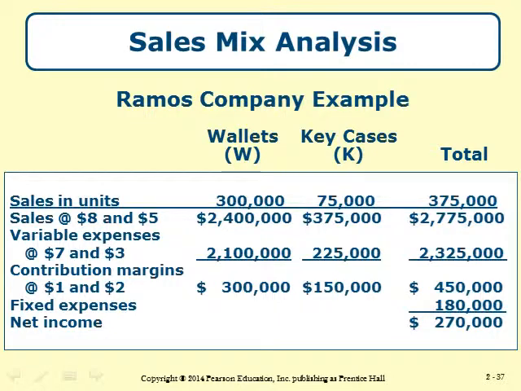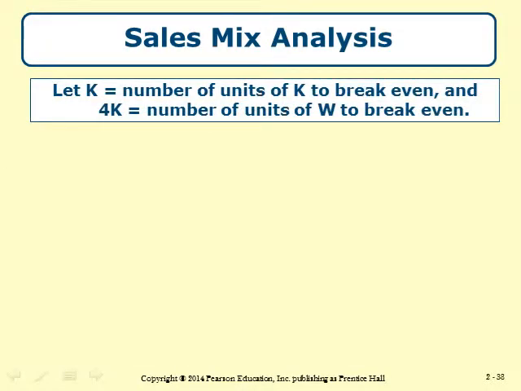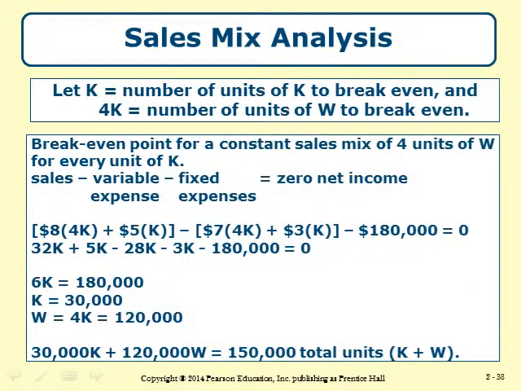And then we're given fixed expenses of $180,000, which result in net income of $270,000. And so again, our question is, well, what is the break-even point for each product?